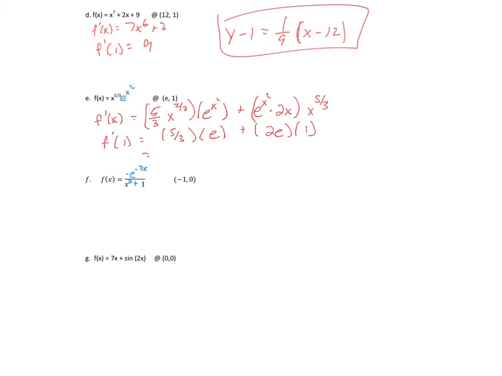So then I've got 2e plus 5/3 e. We can just make these the same denominator, 6. So then I've got 11/3 e, which is the same as 11e over 3. If I want that reciprocal, I'm going to have y minus 1 is equal to 3 over 11e times (x minus e).